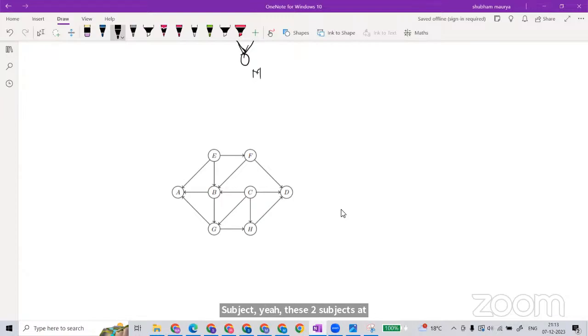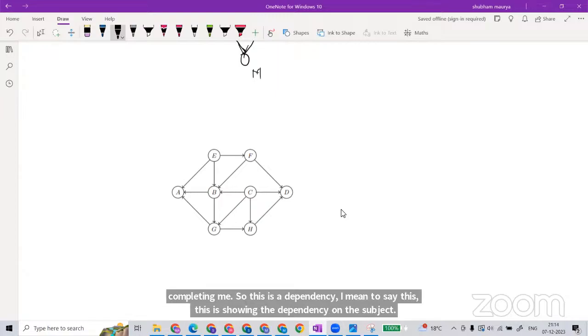So this is a foundational or core course. You have to do subject E first, and after that you are able to do subject A and similarly F, and then B also. This is showing the dependency on the subjects.